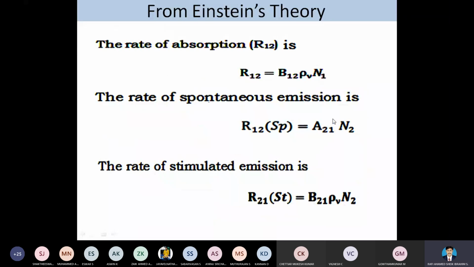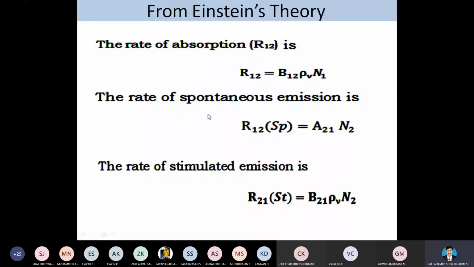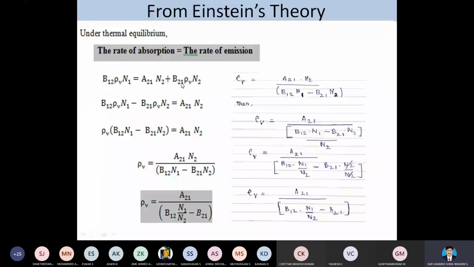For spontaneous emission, the value is A21 N2. For stimulated emission, the value is B21 rho V N2. So first we have to place the assigned values in the above condition. We have to place these obtained values in this above condition.